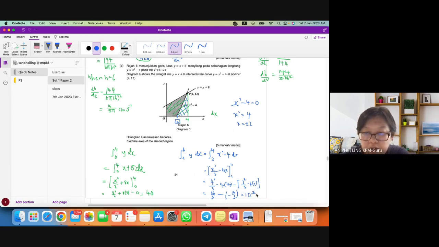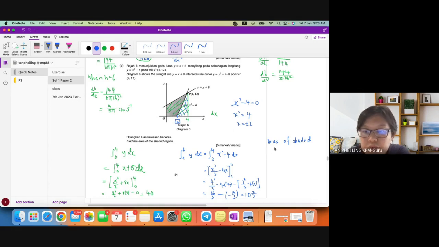Are you following me or not, Rachel and also Santini? So now I want the area of the shaded region, right? I have not yet answered the question. Area of shaded region, so what should I do? Should the green minus the blue, or plus?